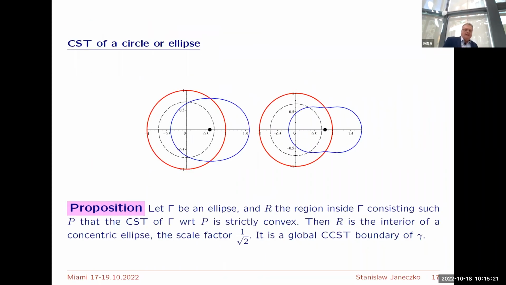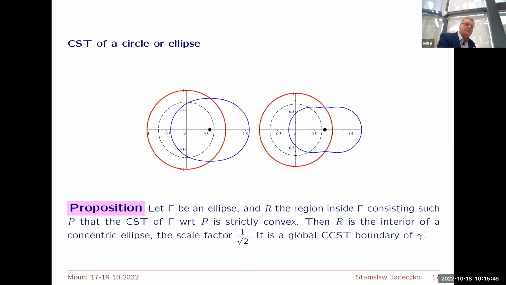And what is this? If you consider a circle, take some 5 minutes, no problem. If you have the circle, this red one, then you do the same. Then you get this circle with dotted line, dotted circle, which is a boundary between convex and non-convex.